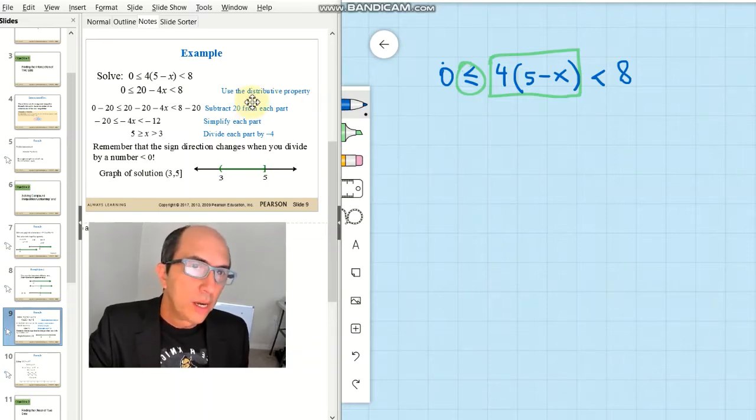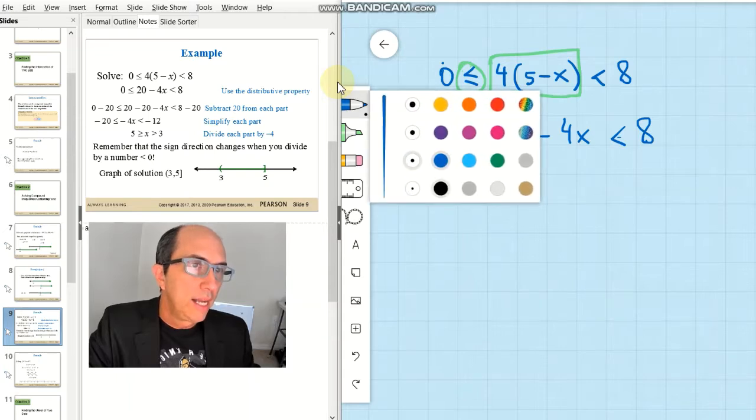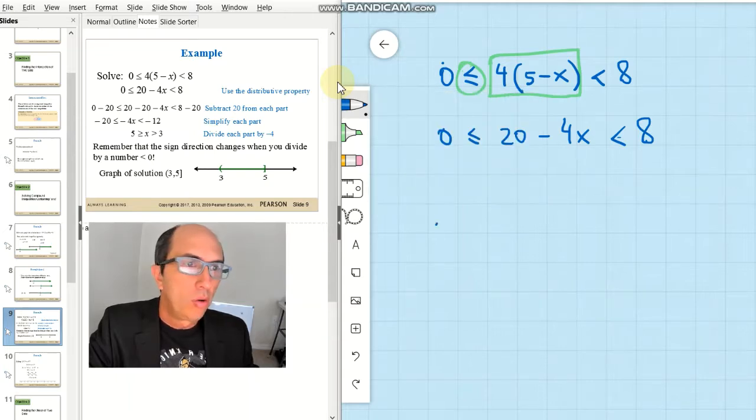The first thing we're going to use distributive property. So 0 is less or equal than 4 times 5, 20, minus 4x, which is less than 8. Now we can apply the addition property, adding negative 20 on all 3 sides of this inequality.